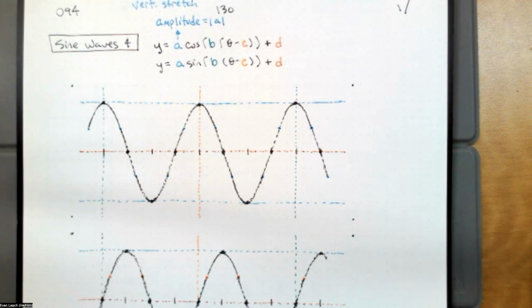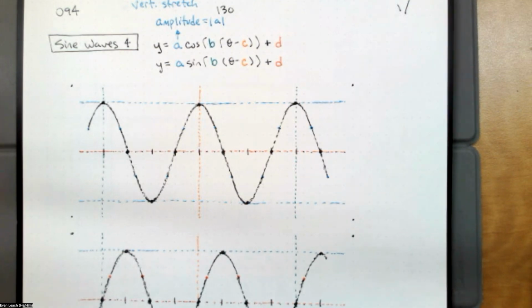Or the other version of a stretch, a compression. It's a stretch if the amplitude is bigger than 1. It's a compression if the amplitude is less than 1. Because when we multiply something by something bigger than 1, we make it bigger. When we multiply something by 1, nothing happens. When we multiply by something less than 1, we make it smaller.